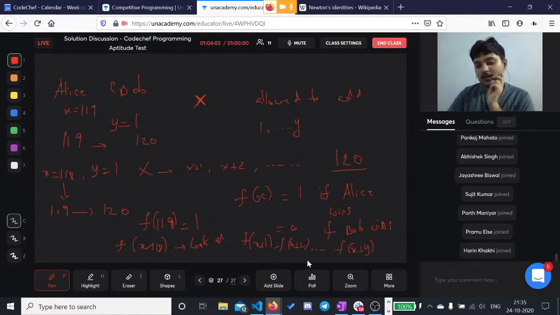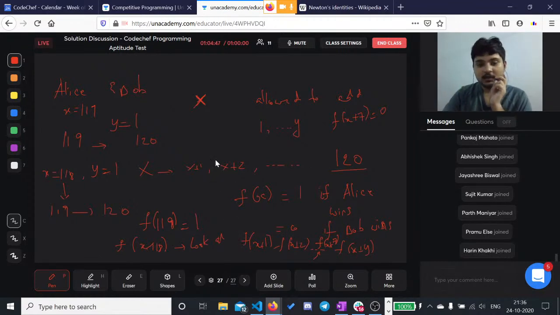If any of these y numbers is 0, then if Alice starts at x, she will move to whichever number has the value 0. Let's say f of x plus 7 had the value 0. Alice will move to x plus 7, and then Bob is starting at x plus 7, and f of x plus 7 equal to 0 implies the person who's starting from x plus 7 will definitely lose the game. So Alice can win the game.